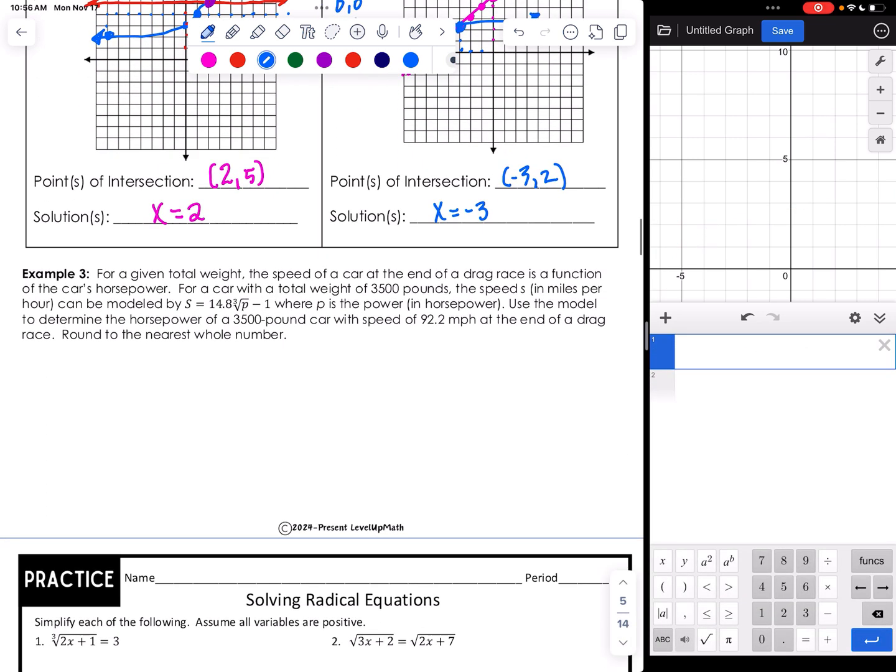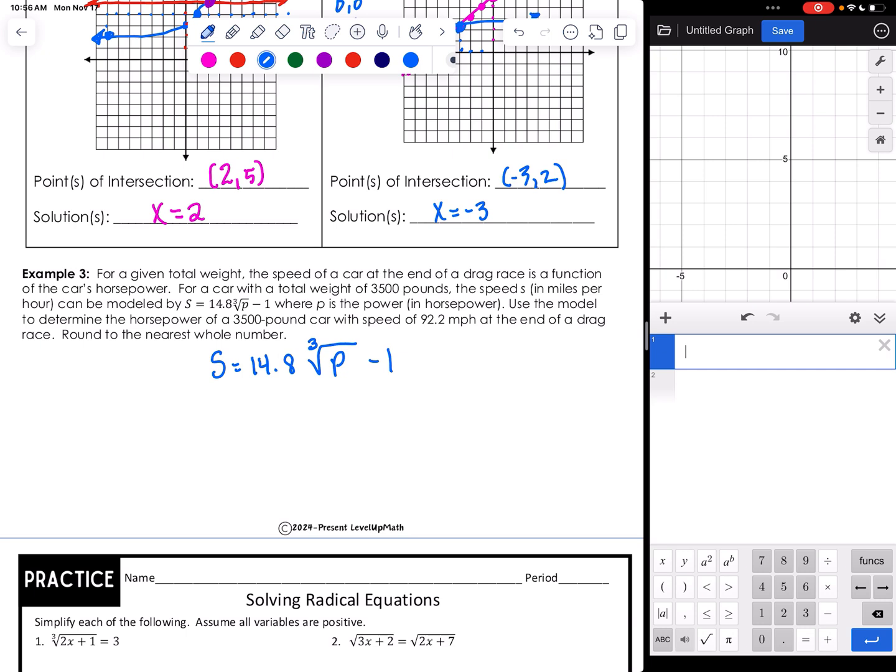All right, example 3. For a given total weight, the speed of a car at the end of a drag race is a function of the car's horsepower. For a car with a total weight of 3,500 pounds, the speed in miles per hour can be modeled by the equation S equals 14.8 times the cube root of P minus 1, where P is the power in horsepower.